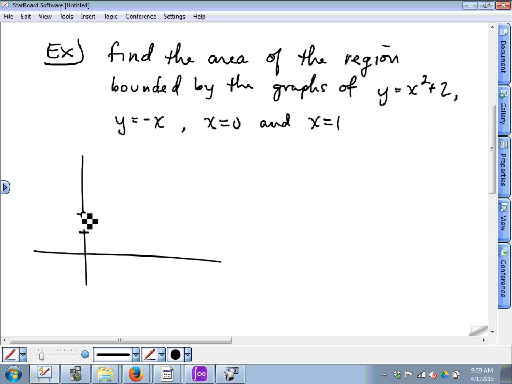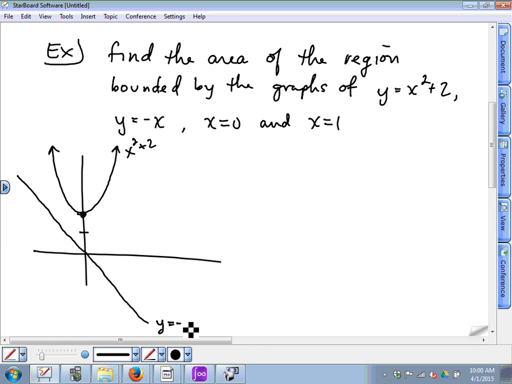The vertex is up 2 units, and it's facing up. It looks something like that. Okay. This is the graph of x squared plus 2. What about y equals negative x? Oh, it's going to be a diagonal slant right through the origin. With a negative slope of negative 1. So this is the graph of y equals negative x.